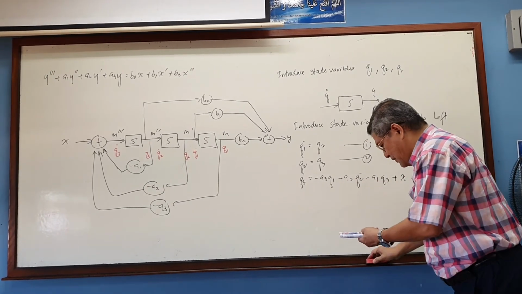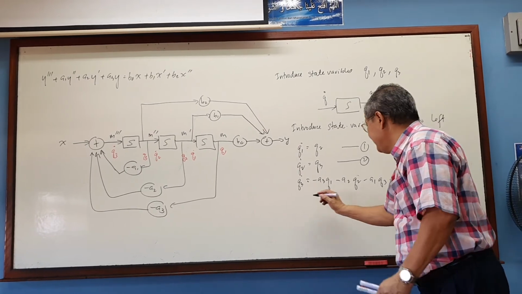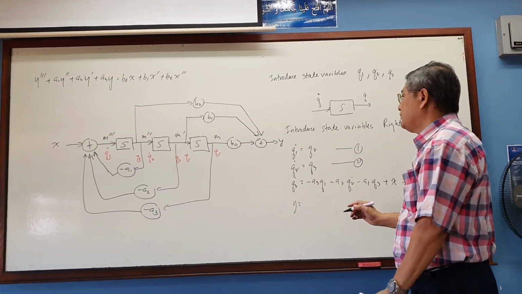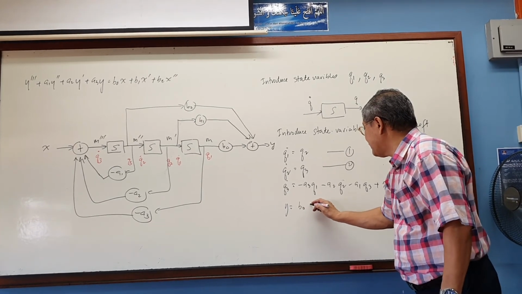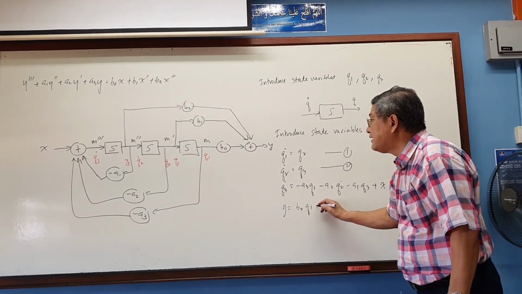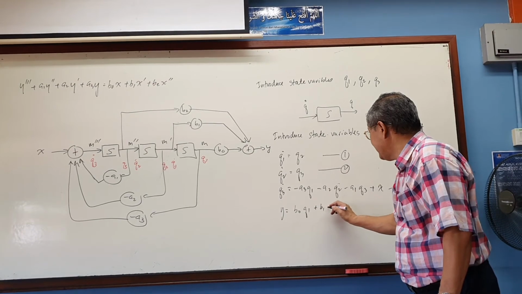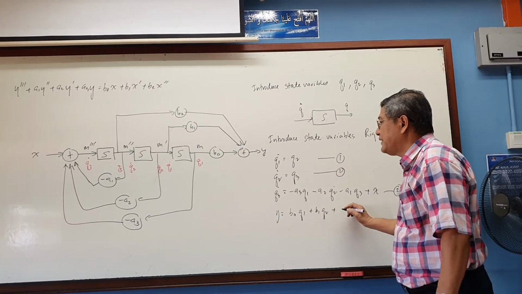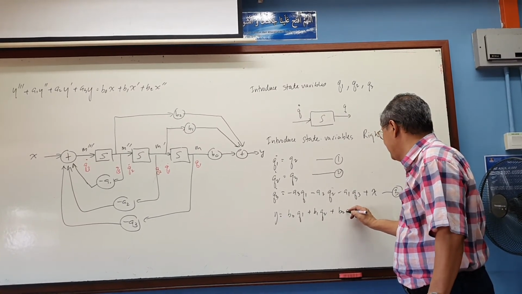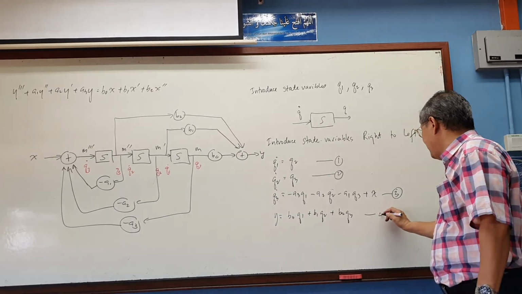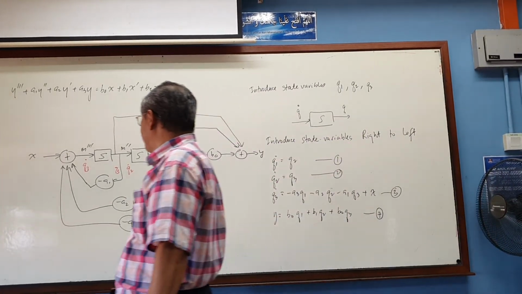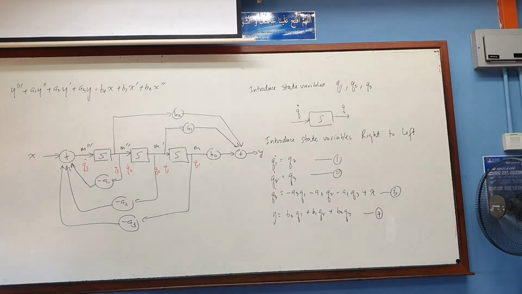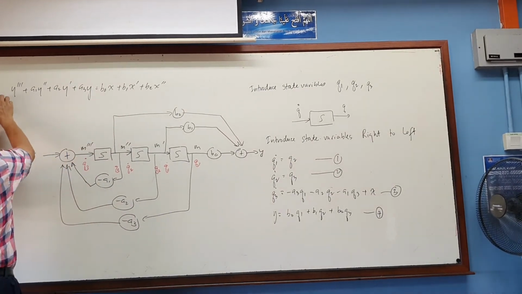So changing only the Y, the output Y will be equal to B naught Q1 plus B1 Q2 plus B2 Q3. Only the output will be different. So the matrices A and B will be the same and the output Y will be different.